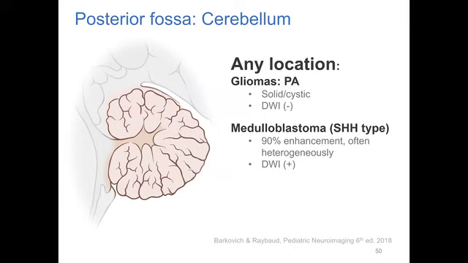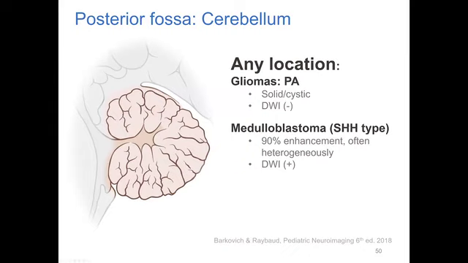In the cerebellum, whenever you see an intraaxial tumor, the most common differential is again gliomas, like pilocytic astrocytoma or other low-grade and high-grade tumors. And remember our guideline on how to differentiate those tumors using enhancement and diffusion. Another differential diagnosis to keep in mind is medulloblastoma, specifically the sonic hedgehog type.